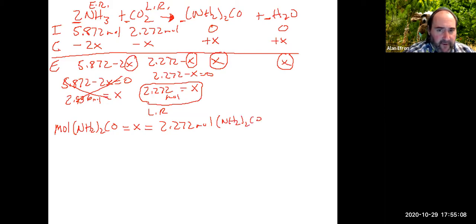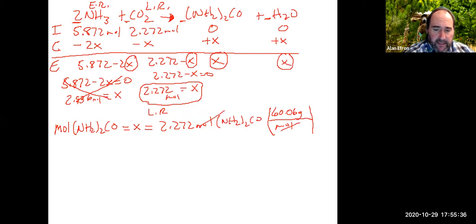And if we want to convert it into grams, we would go to the periodic table and get the molar mass of this guy. So we got 2 times 14.01 plus 4 times 1.008 for our hydrogen. We got 12.01 there for our carbon and a 16 there for our oxygen, giving us something like 60.06 grams per mole.